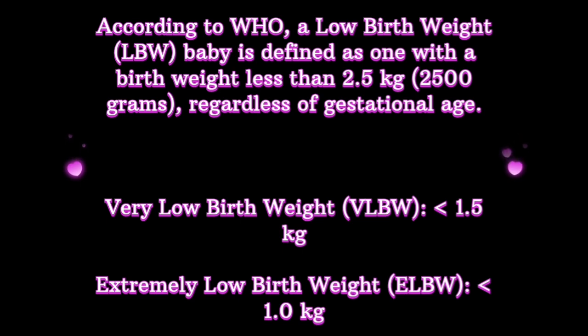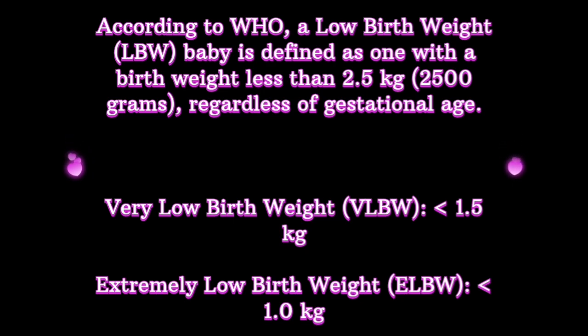According to WHO, a low birth weight baby, that is LBW baby, is defined as one with a birth weight less than 2.5 kg or 2500 gram regardless of gestational age. Very low birth weight, or VLBW, is less than 1.5 kg and extremely low birth weight, that is ELBW, is less than 1 kg.